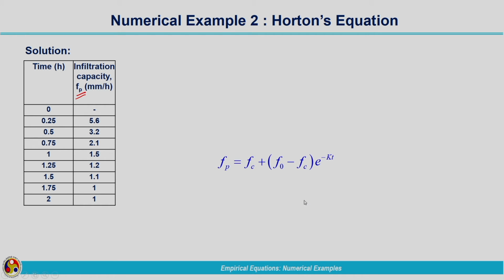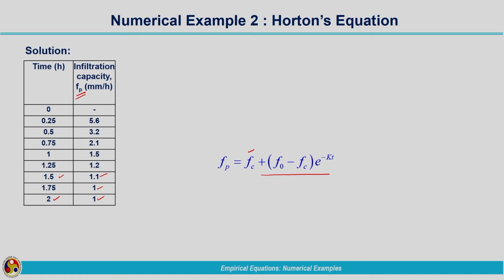This is our equation, Fp is equal to Fc plus F naught minus Fc multiplied by e to the power of minus kt. Fc is the constant rate of infiltration, or the steady state infiltration attained by the soil after a certain time. In this case we can observe the data: the time has reached 2 hours, and around 1.5 hours it is 1.1 millimeters per hour, at 1.75 hours it is 1 millimeter per hour, and at t equal to 2 hours it is again 1 millimeter per hour.